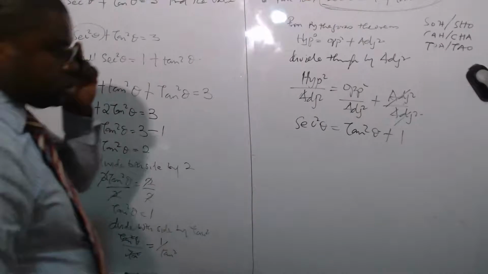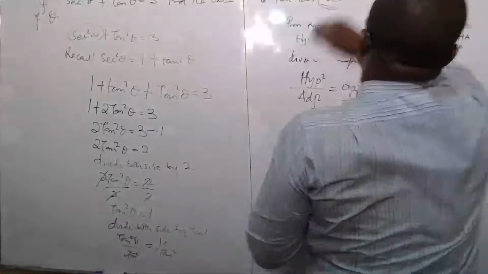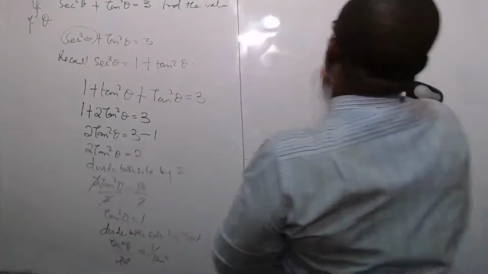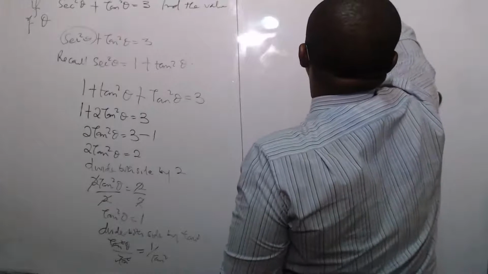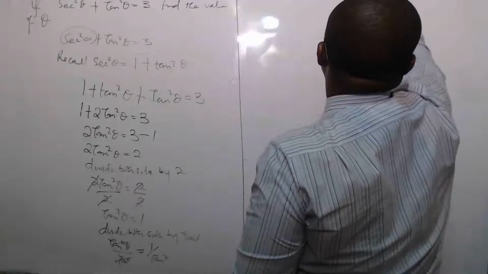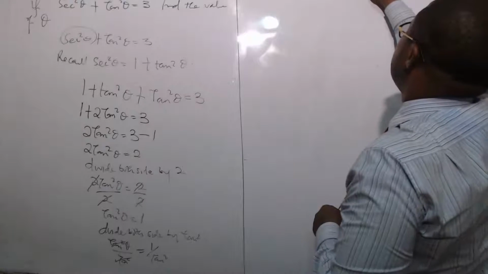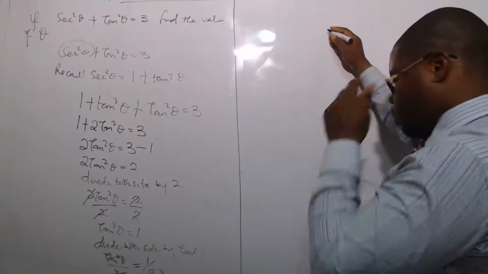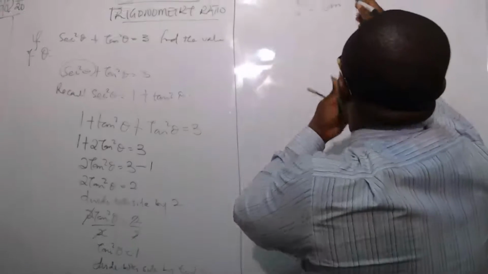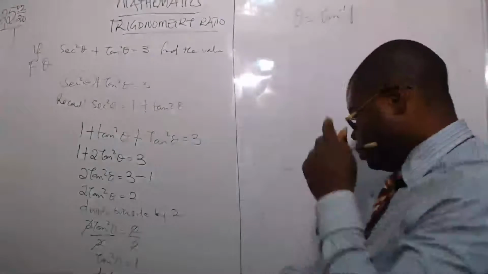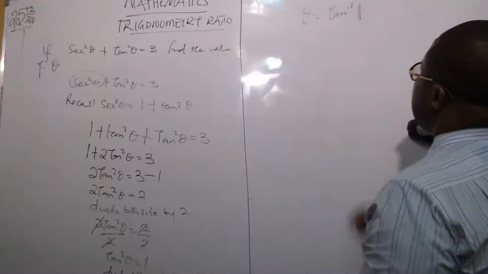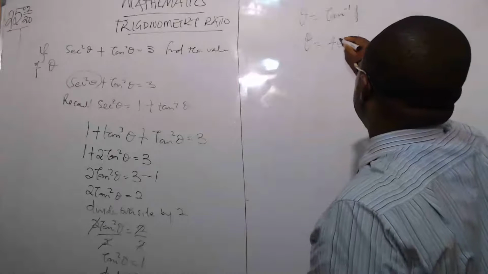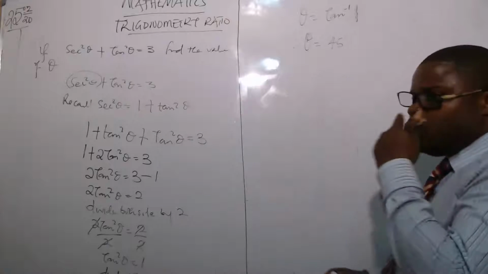So you're going to have theta equals tan inverse of this now. Right? So the tan inverse of this, that will give us 1. Therefore, our tan is equal to 45. How did I know?